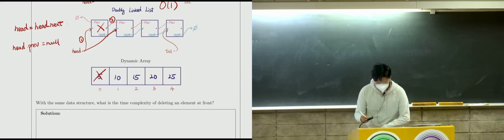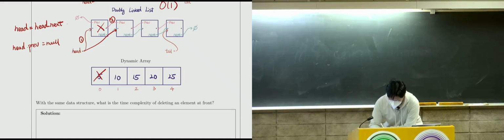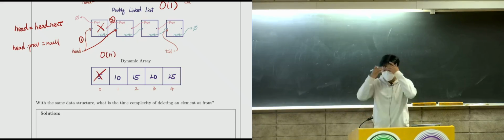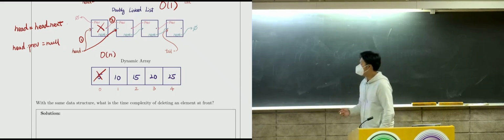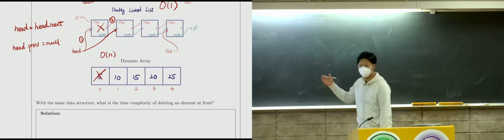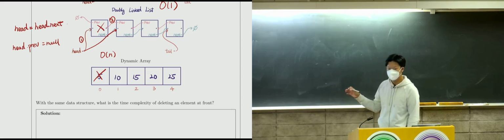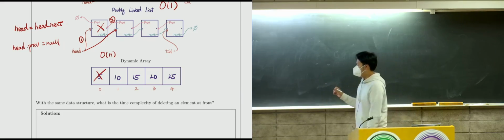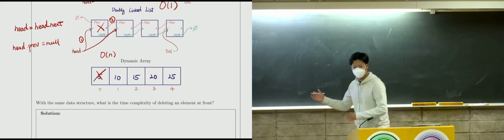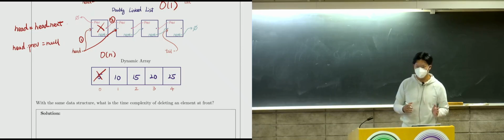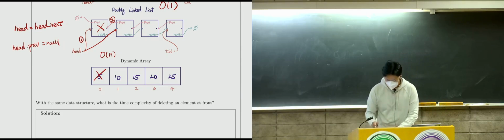Yeah, correct. So deleting the first element takes about O(n) time. The reason it takes O(n) time is that an array does not allow this empty slot. So you need to copy everything from index 1, 2, 3, and 4 all the way, shifted to the left one index.